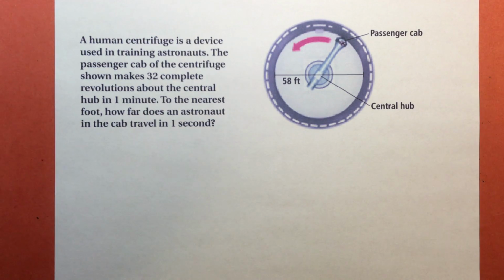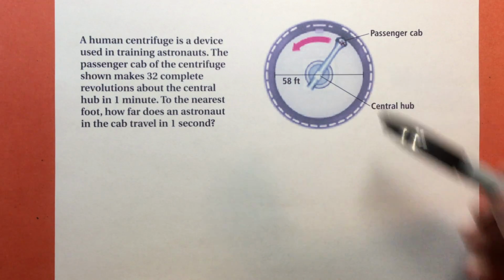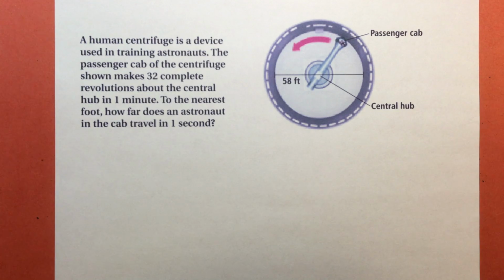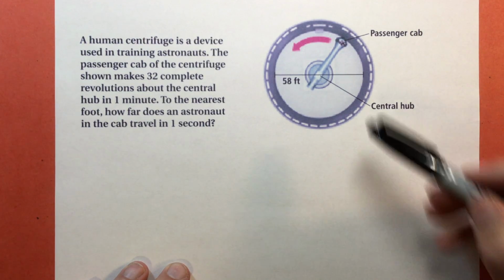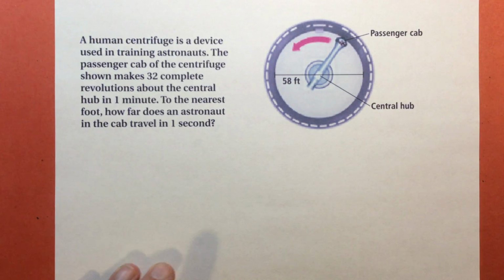But a human centrifuge trains astronauts and fighter pilots, and other people who have to undergo G-forces. Basically it spins you around really, really fast, and the more you spin, the centripetal force sends you outwards away from the center, pushing you down, and it feels like you're undergoing G's.